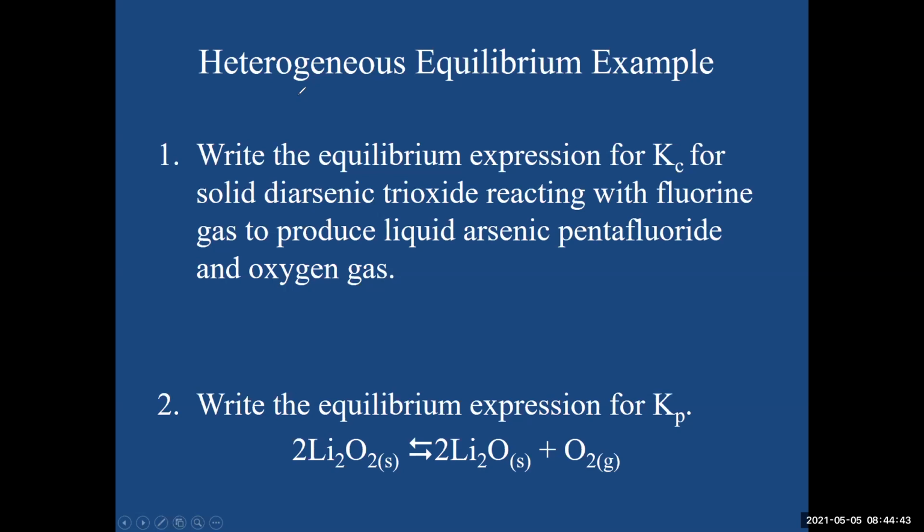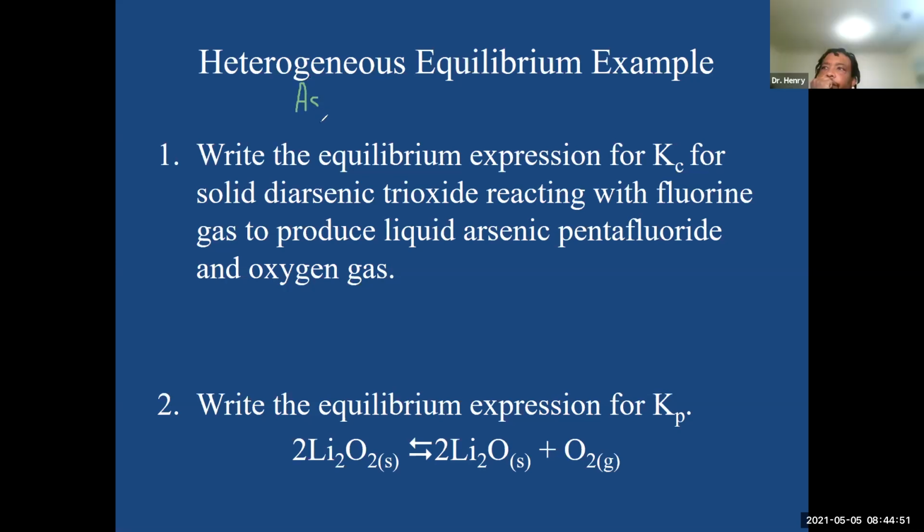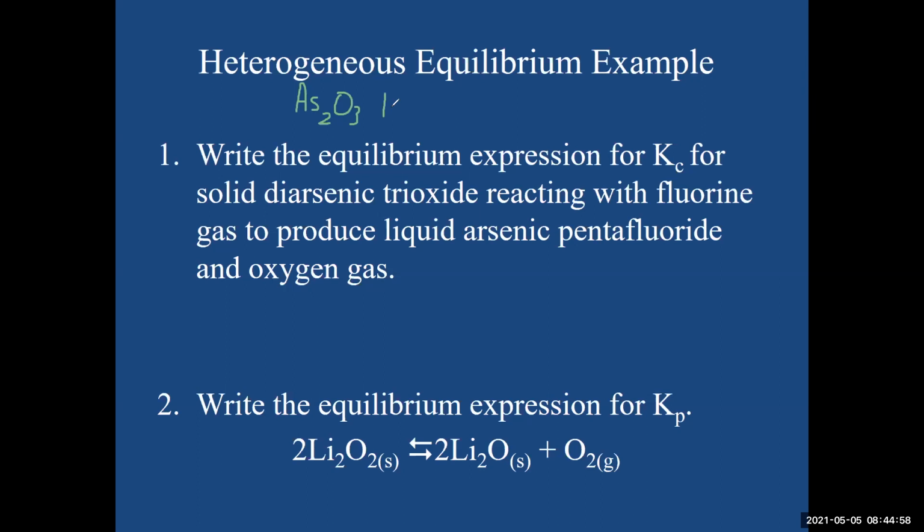I know diarsenic trioxide would be As2O3. Why is it called diarsenic trioxide though? Wouldn't that be an ionic bond, so you wouldn't have to do the di and tri?